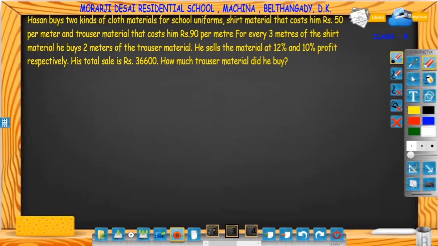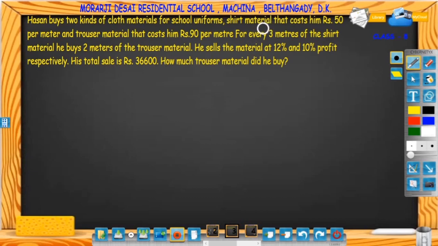For every 3 meters of the shirt material, he buys 2 meters of the trouser material. He sells the material at 12% and 10% profit respectively. His total sale is rupees 36,600. How much trouser material did he buy?